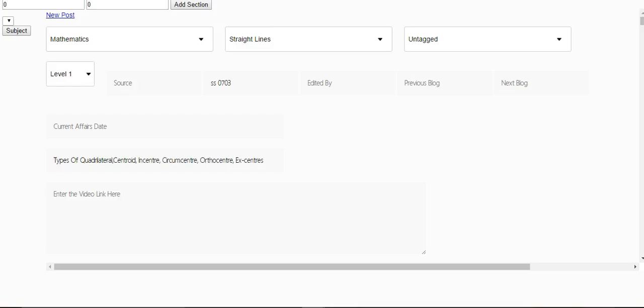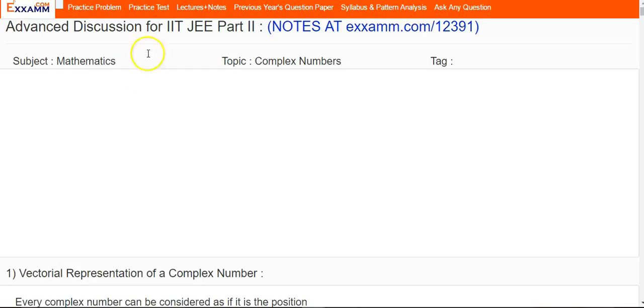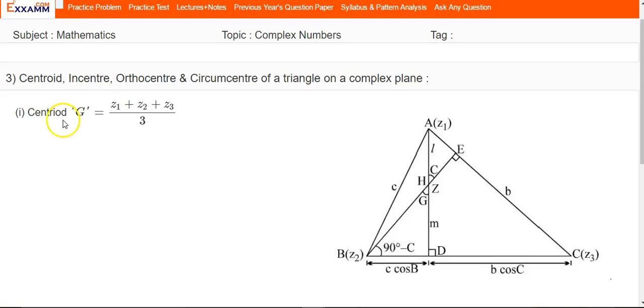So in this case also we have got a similar formula, that centroid G is equal to z1 plus z2 plus z3 divided by 3. So rather than having 2 points x and y, we have just one formula, that centroid is equal to this much.